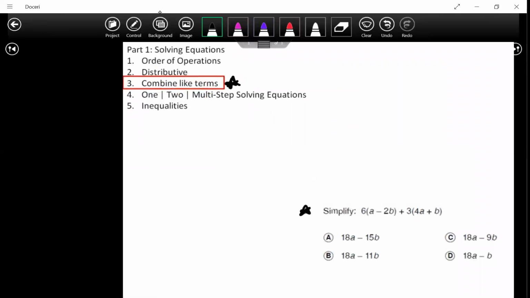I'm going to write off to the side 6 times a minus 2b plus 3 times 4a plus b. So we want to distribute all the way in the beginning. So our 6 to our a, our 6 to our negative 2b. So 6a minus 12b.